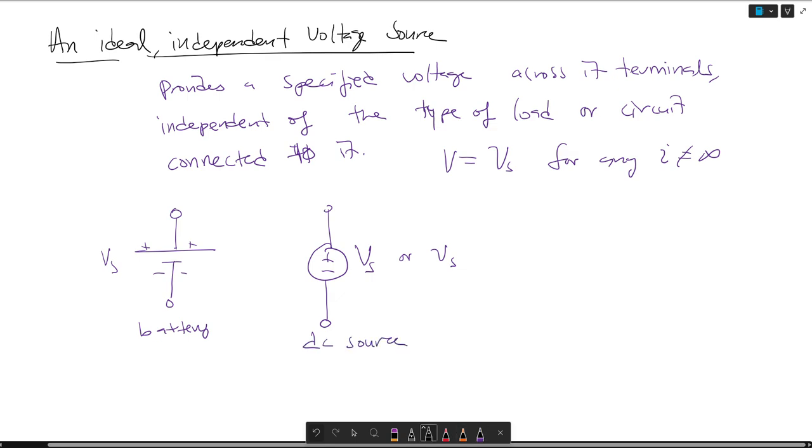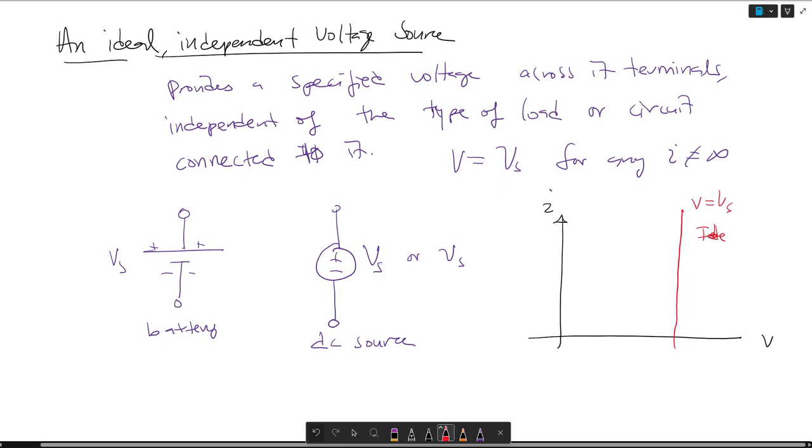How it looks graphically is something like this, where for any current I, V equals Vs. And again, this is the I-V plot, and this is your ideal voltage source.